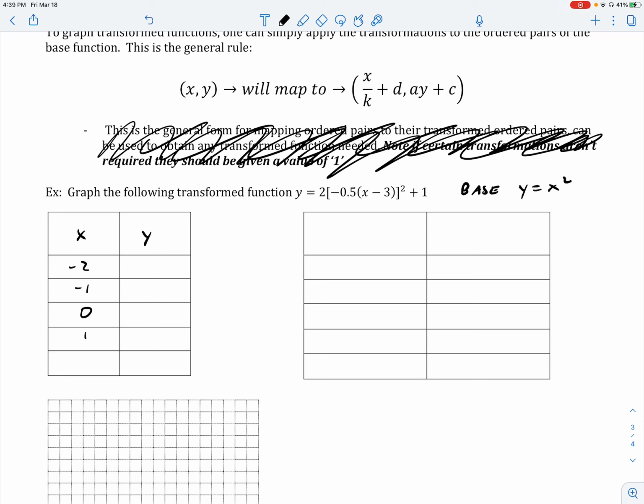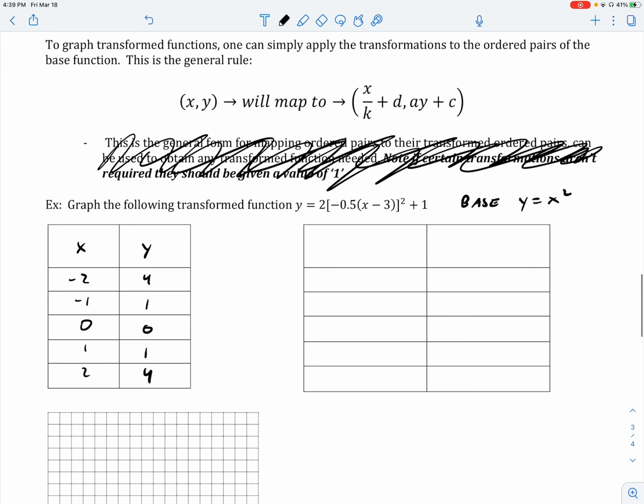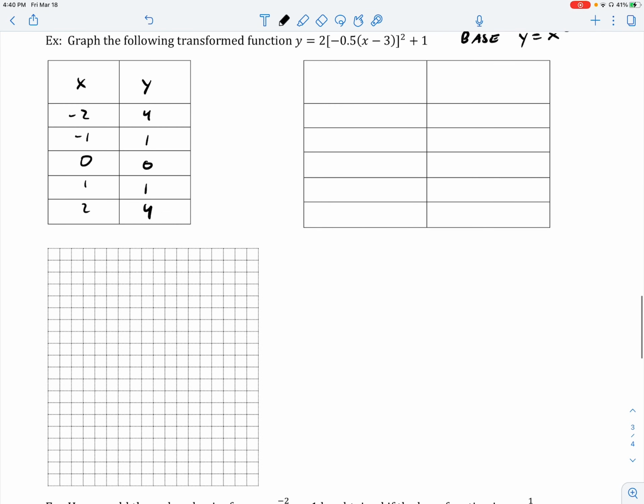Notice I always use the same points. I have a couple negative ones, a couple positive ones. Negative 2 squared is 4, negative 1 squared is 1. You guys get the idea. You have seen these points many, many times. Let's just plot them real quickly. We're going to shift this over just a bit. My y-axis and my x-axis.